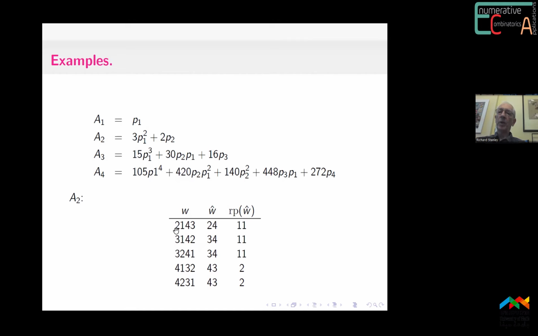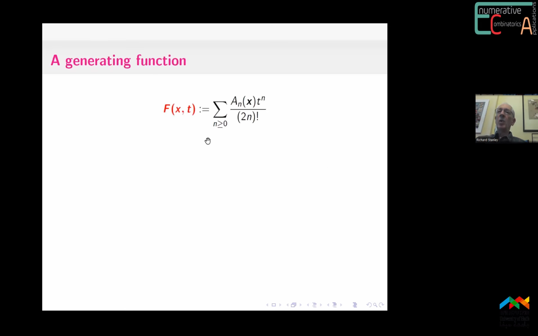The record partitions are 3 1s where the W hat is increasing and 2 2s where it's decreasing. And so we get 3p1 squared plus 2p2. Kind of interesting how we just look at the odd index terms, look at a statistic on it.